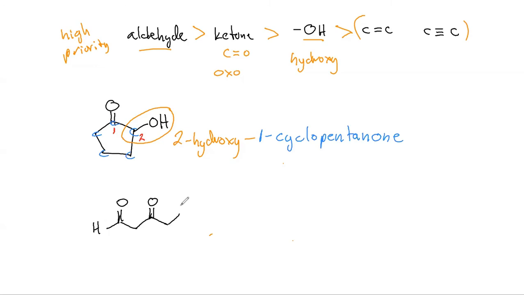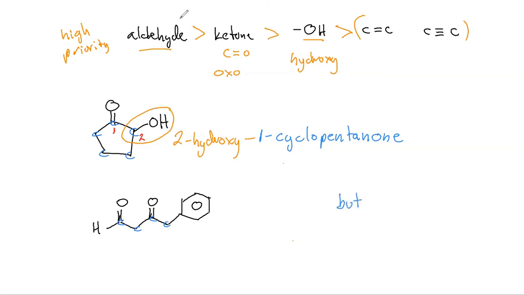Now, if we want to look at an example where we have both a ketone and an aldehyde group, we could look at one like this, where we also have a benzene ring as a substituent. And what we would do would be to look for the longest continual chain, which will be 1, 2, 3, 4 carbons. So we have but-.